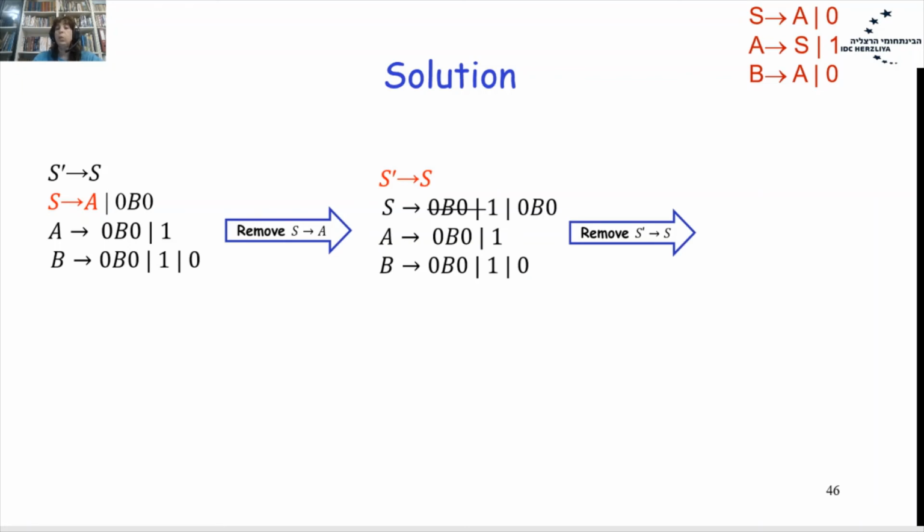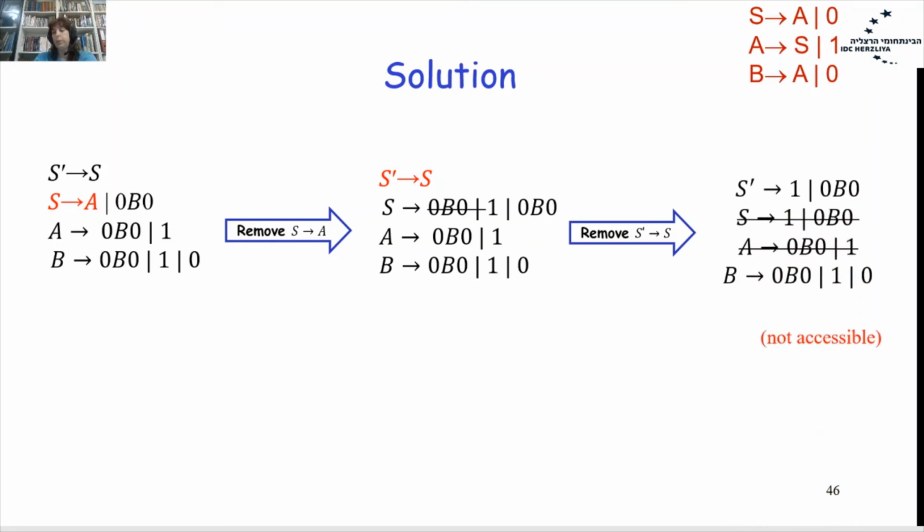The last unit rule is S0 derives S. So we will remove it once again by replacing S with its right-hand side, 0B0 and 1. Now please pay attention.